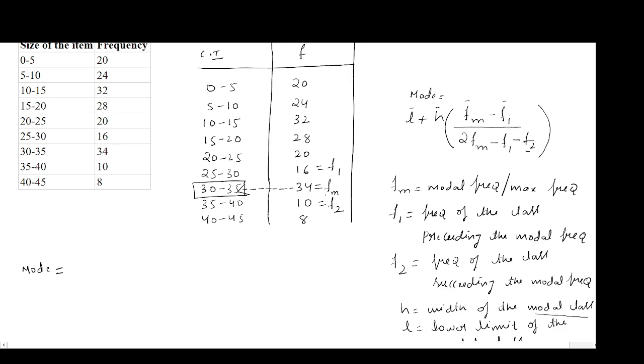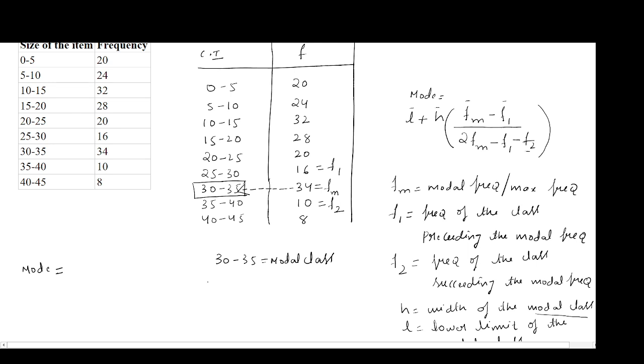So after identifying maximum frequency, immediately mark the class interval which is corresponding to the maximum frequency. The corresponding value of the modal class is 30 to 35. So 30 to 35 is your modal class.